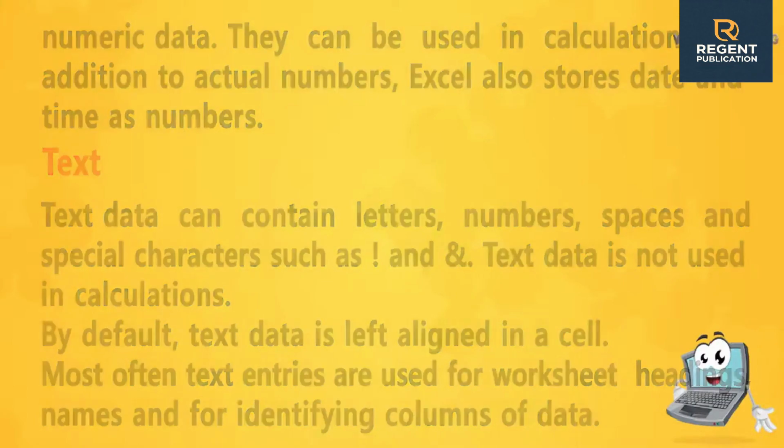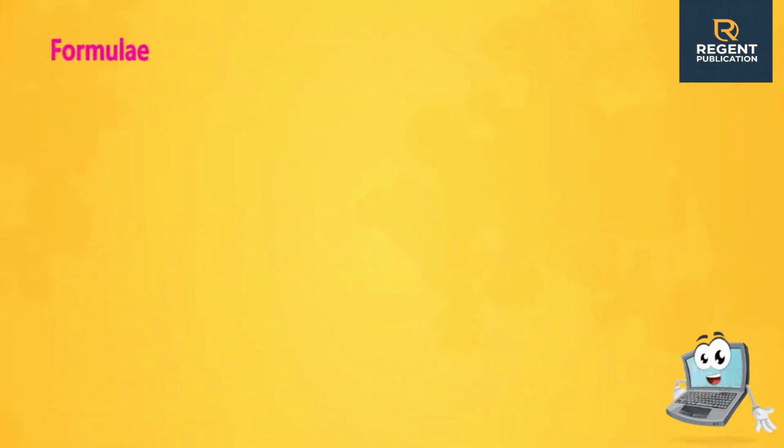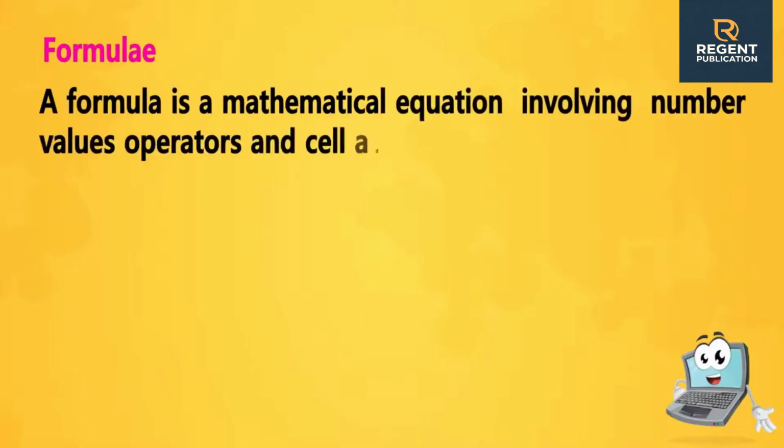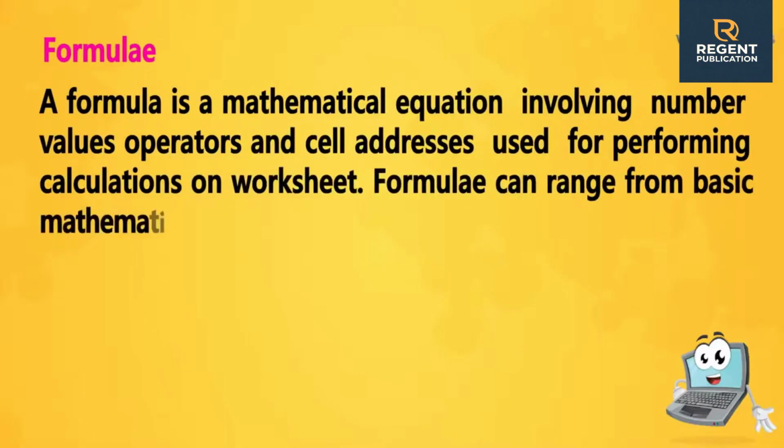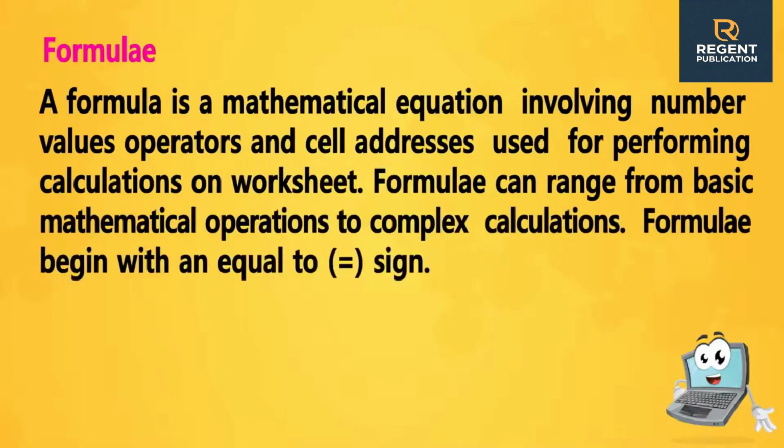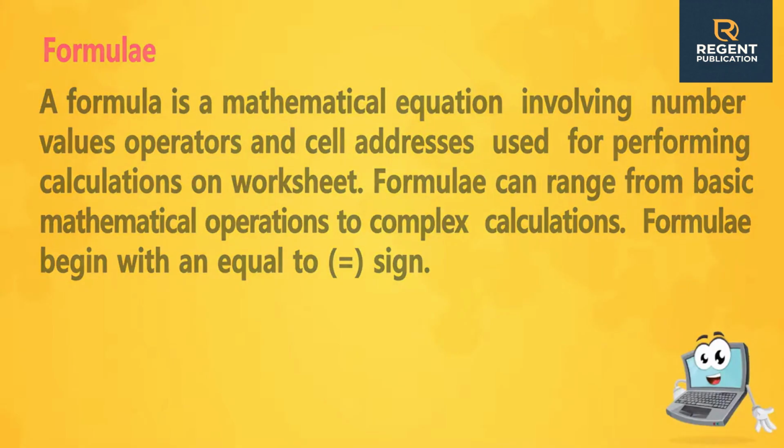Formulae. A formula is a mathematical equation involving number values, operators, and cell addresses used for performing calculations on worksheet. Formulae can range from basic mathematical operations to complex calculations. Formulae begin with an equal to sign.